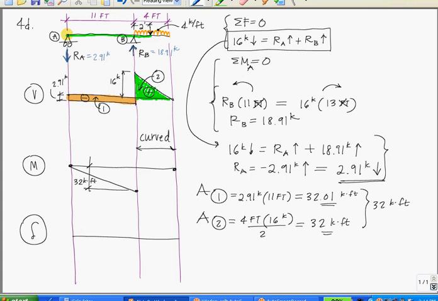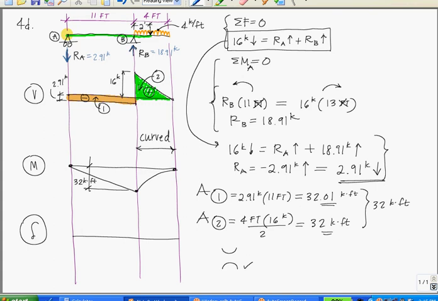So we have to determine whether the moment diagram is curved concave up or smiley up, or concave down or frowning face. The way you determine that is by looking at the slope of the shear diagram. Going from left to right, this line is going downhill, so we know that we have a frowny face type curve. So there's our curve, and that's our moment diagram.